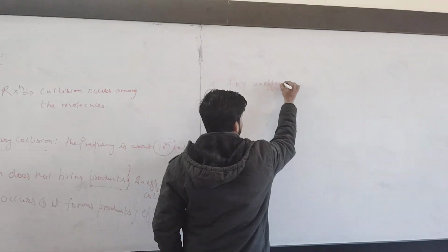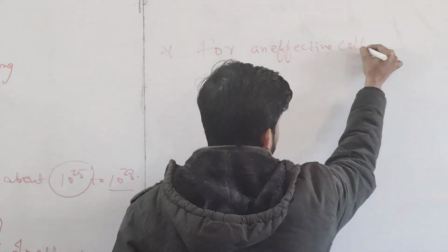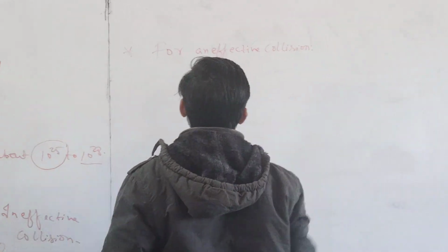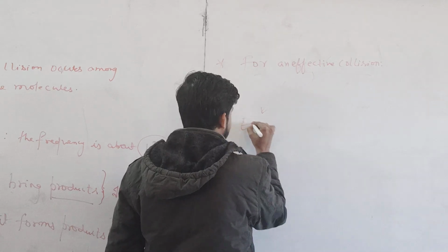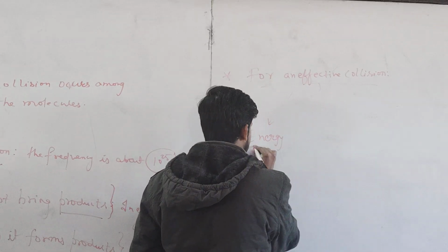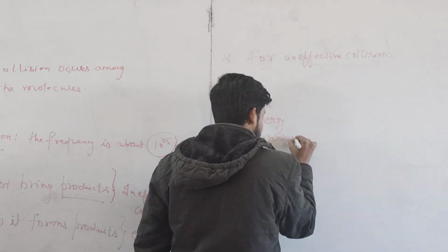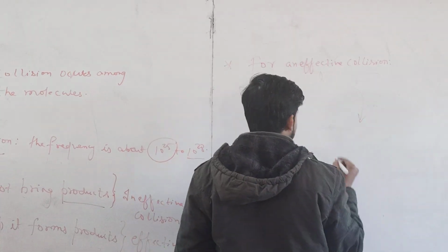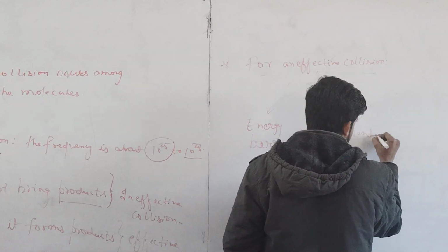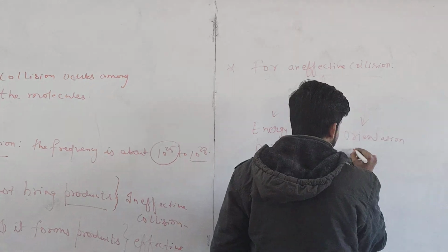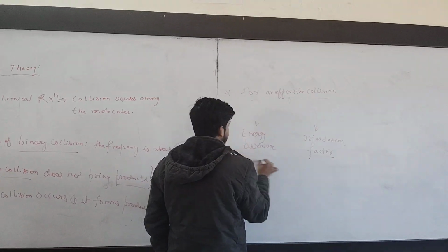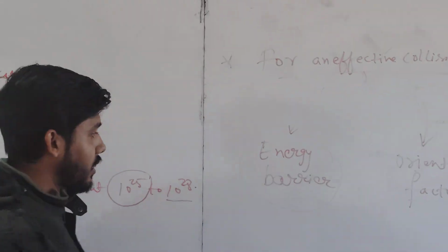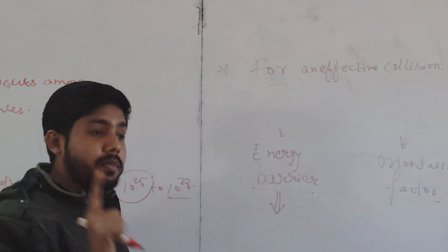For an effective collision, two things matter. The first one is the energy barrier, and the second one is the orientation factor.